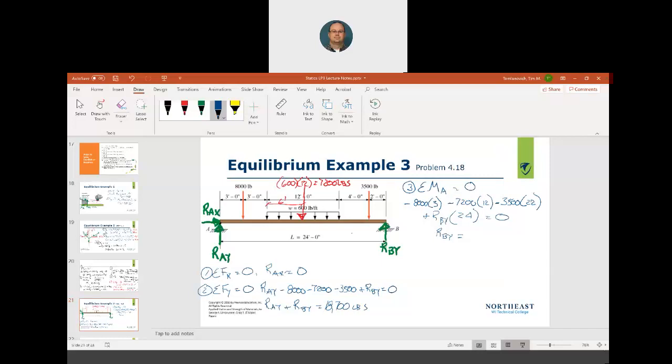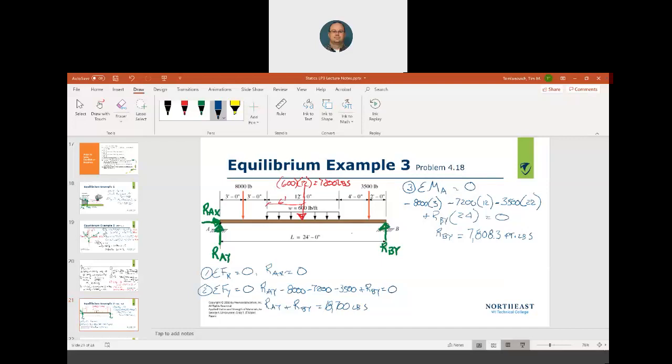Now I slide that to the other side of the equation, that turns positive, and then I divide that whole thing by 24, and I get 7,808.333 repeating, foot-pounds. Okay, I end up with a positive number, RBY, so I assume my sense was correct.